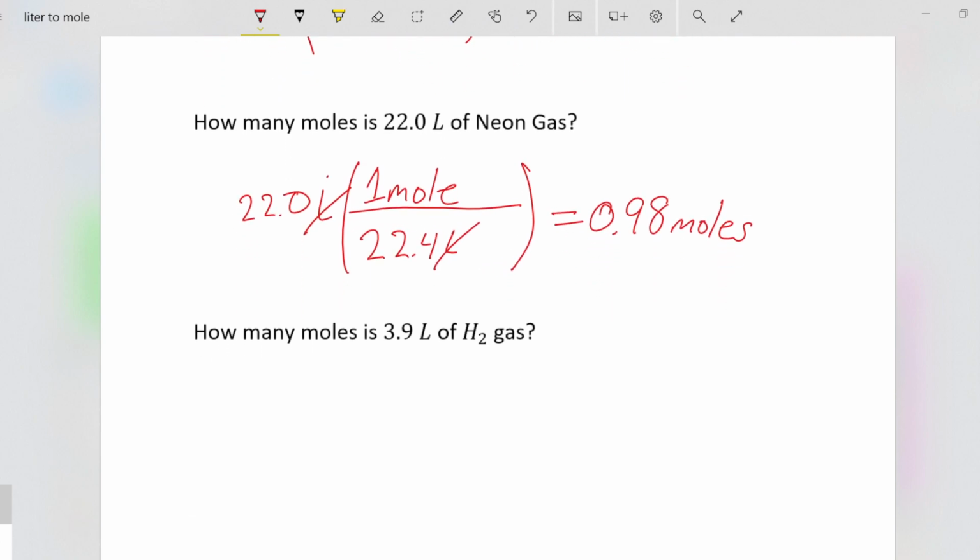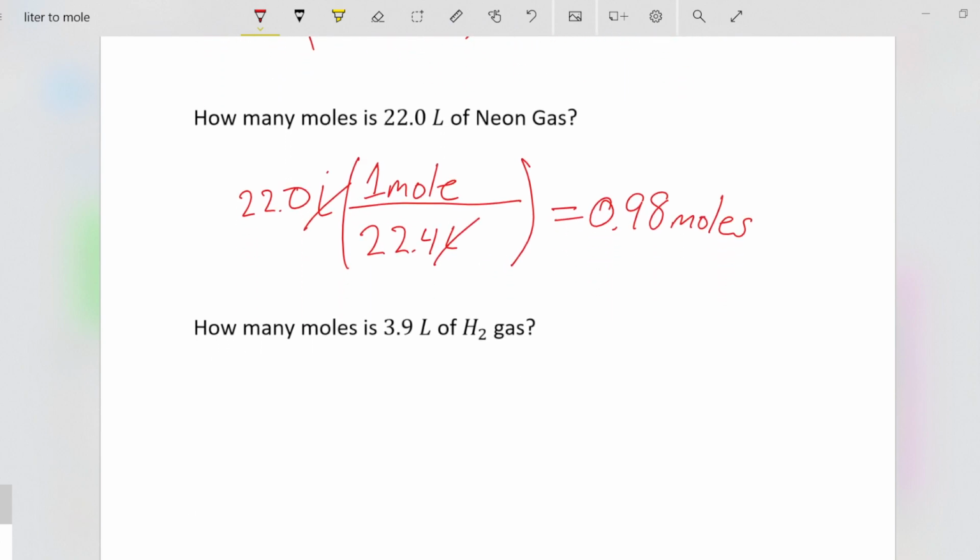Now, the next question looks a little bit different. You see, we're transitioning between a liter of neon, spelled out NEON, and this H2 gas stuff. There are two types of gases that we typically deal with in this class, and those are the noble gases, which you might recall from an earlier class, and our diatomic gases.